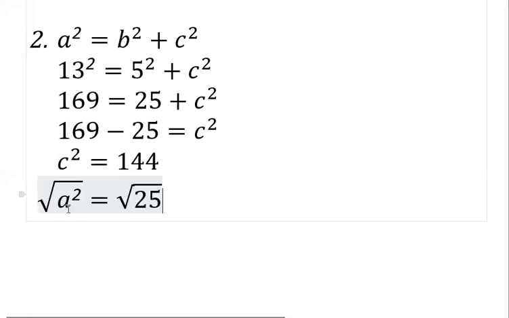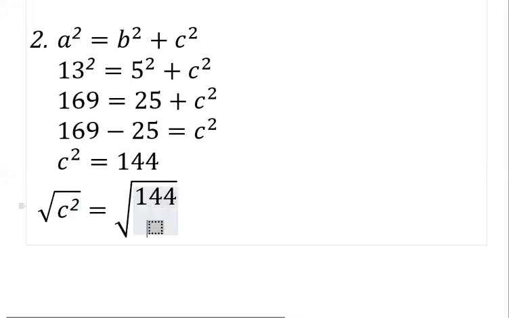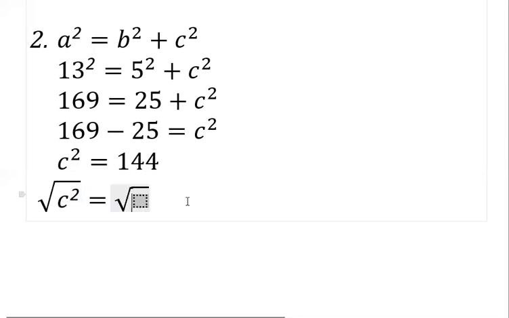Awesome. So this time around, it is c we are looking for. To square root both sides, and here we have 144. Awesome. So with that, 144. Very good. So with this, we can now say our square can cancel out our square root.